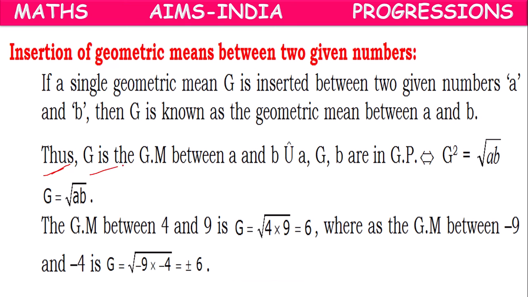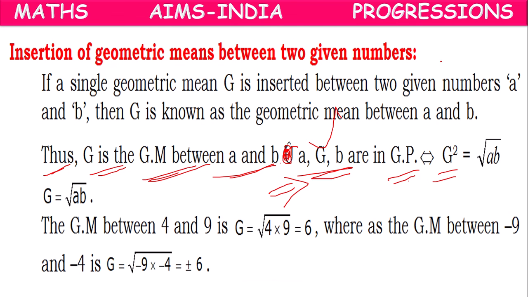So thus, G is the geometric mean of A and B, which implies A, G, B are in GP, or according to the geometric mean formula, we can write G square equals AB, or G equals root of AB.